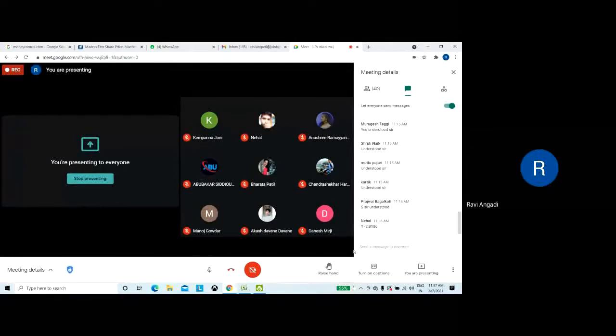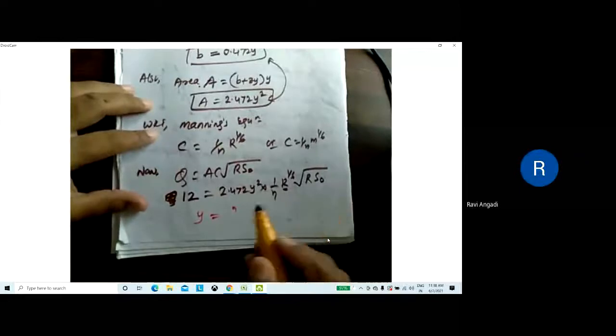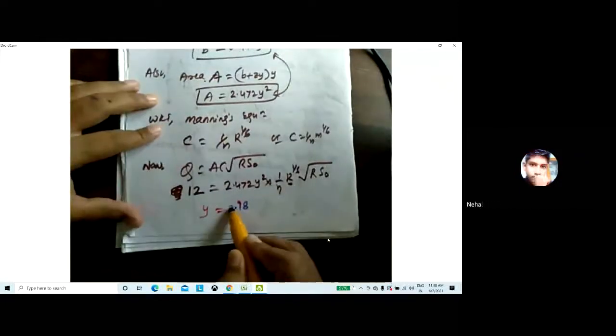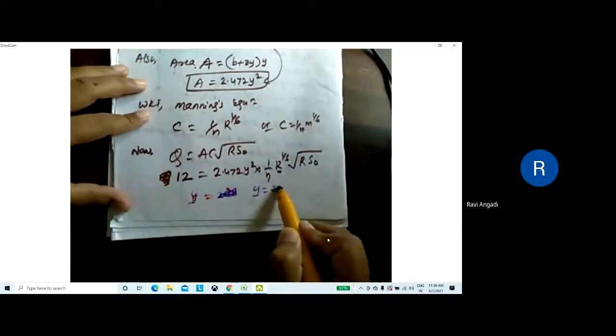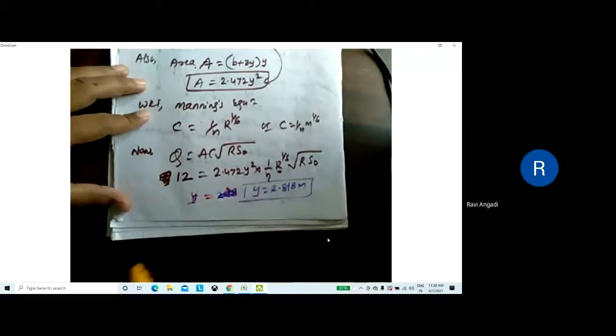What about others? Nehal? Y equal to 2.81. Correct. Then what about B?